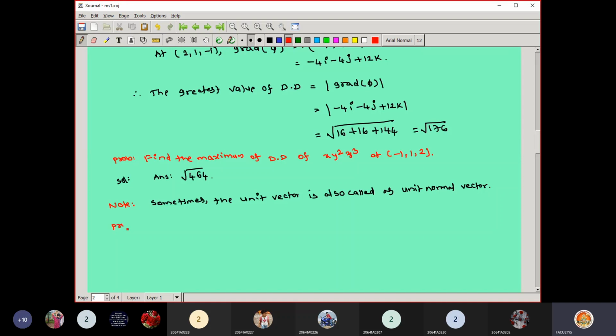So based on that I give you a problem. Find a unit normal vector to the surface.